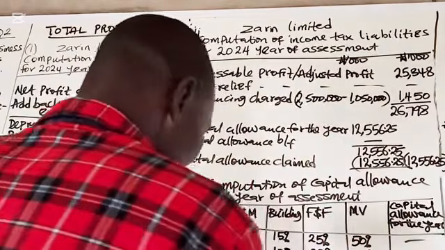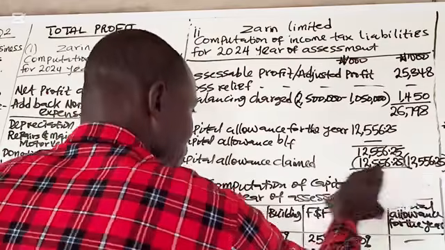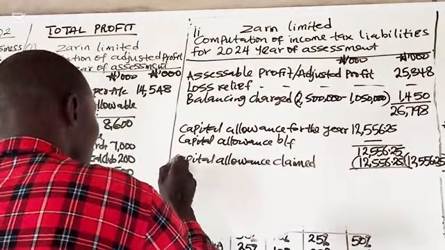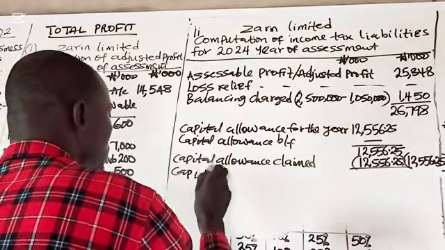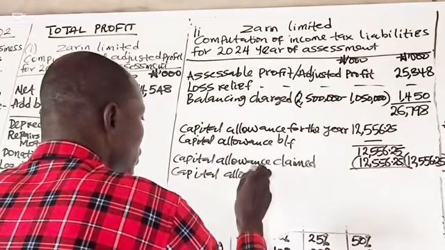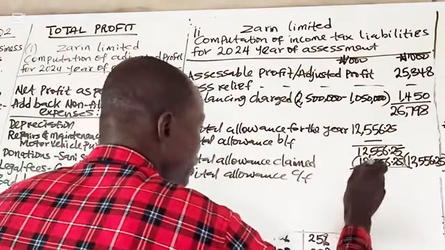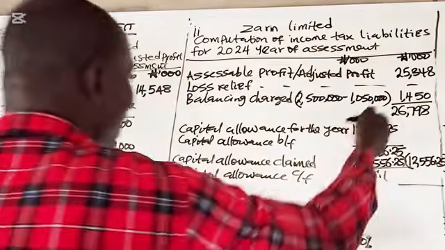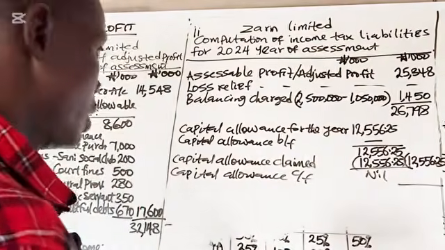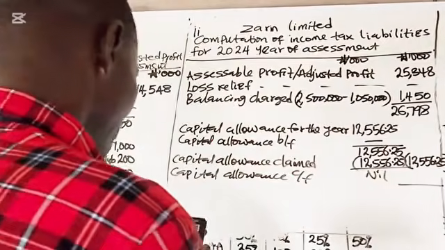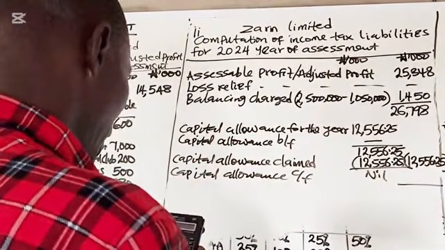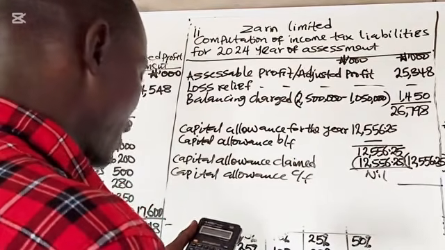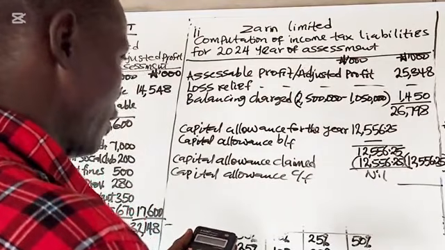So how much will be carried forward as capital allowance? We don't have any capital allowance to carry forward. That means capital allowance carried forward will be nil. So if you now claim the capital allowance from the profit, the profit we have is 26,798 minus the capital allowance of 12,556.25.